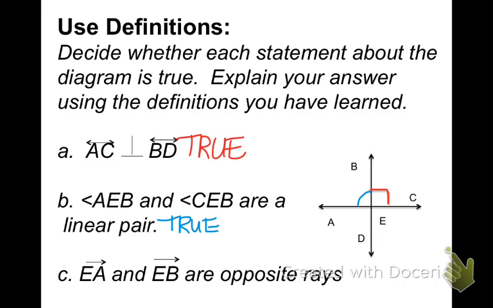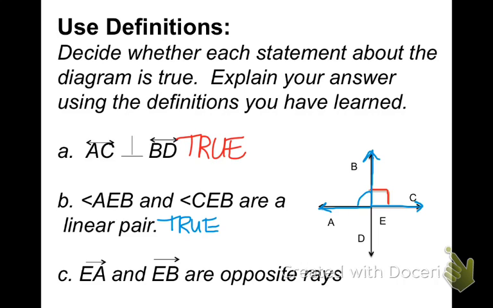We know that's true because they are angles that share an adjacent side, namely the ray EB, and their non-adjacent sides are opposite rays. So ray EA and ray EC are opposite rays, so that fits the definition of a linear pair. So B is also true.